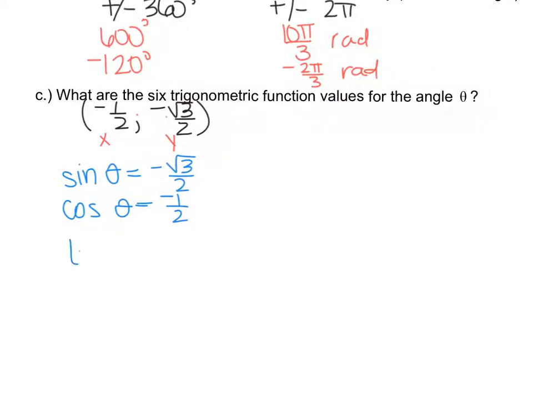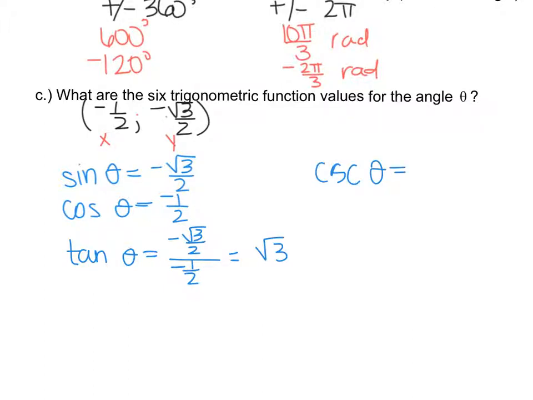Now to find tangent of theta, we do sine divided by cosine, so negative square root 3 over 2 divided by negative 1/2, which we can simplify just to be square root 3, because a negative divided by a negative is positive. Now for our reciprocal functions, cosecant of theta is going to be negative 2 over square root 3.